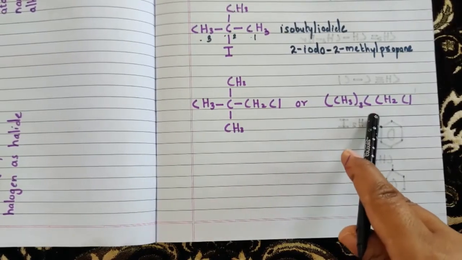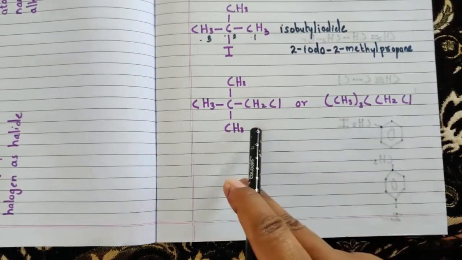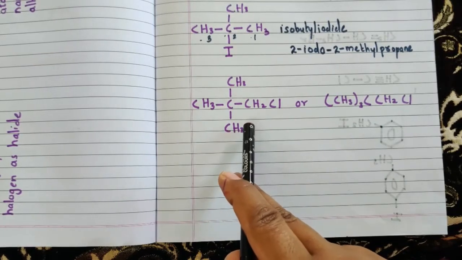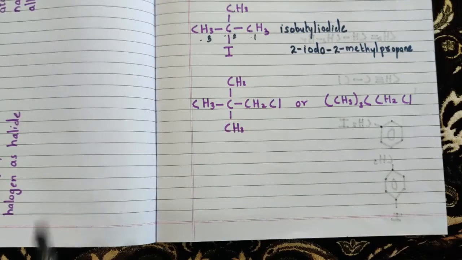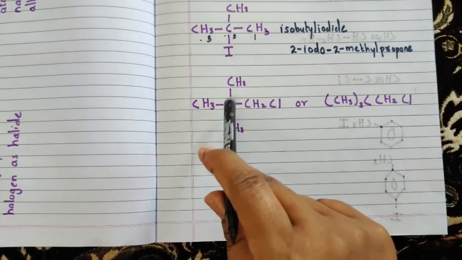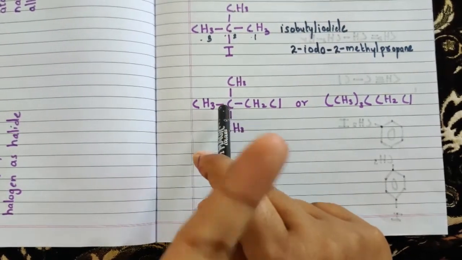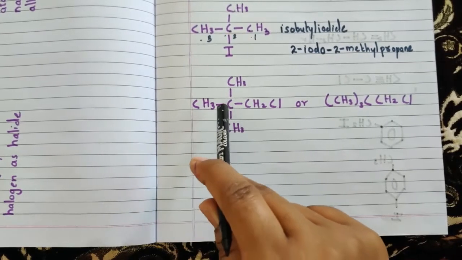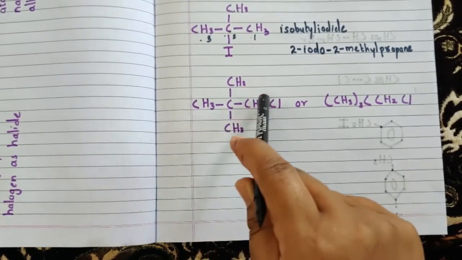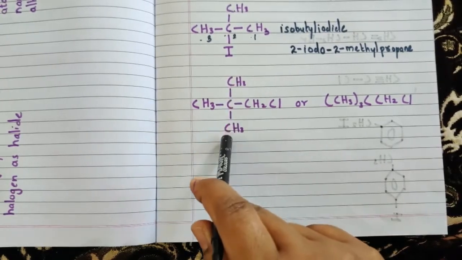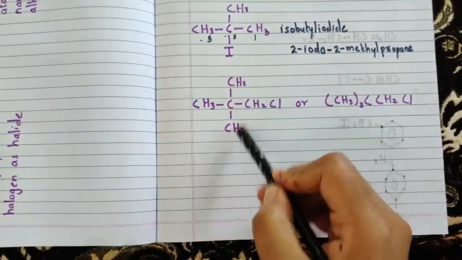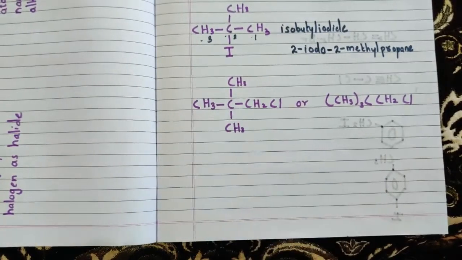So if you get a structure like this, you first make the simple form of it and then you try to name it. Now first let's see a common name. What is this group? A neo group. Why is it a neo group? Because there is a carbon chain in which the second carbon has 2 alkyl groups attached to it. So this particular part is your neo part.